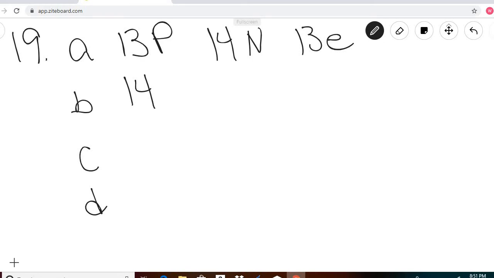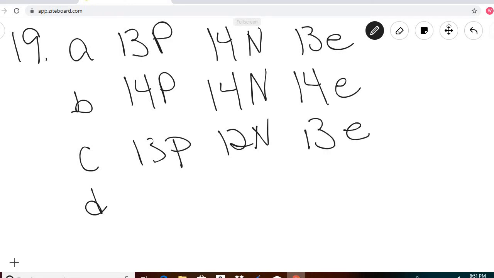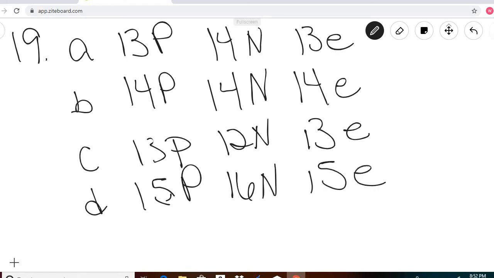B is 14 protons, 14 neutrons, and 14 electrons. C is 13 protons, 12 neutrons, and 13 electrons. And then D is 15 protons, 16 neutrons, and 15 electrons.